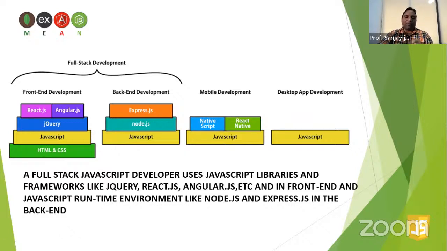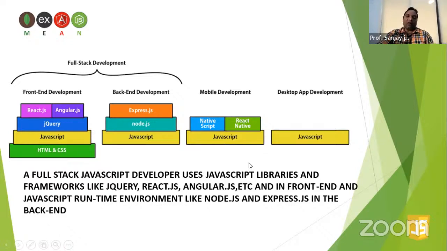What is a full stack programming language? That means with the help of JavaScript, you are not only working in the back end, you're also working in the front end. Now, at your college level, in your undergraduation or graduation, as a fresher, you might not have been taught much about JavaScript being used as a server-side language, that is, a language that can work even in the back end.